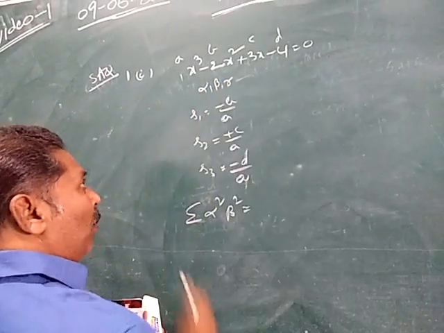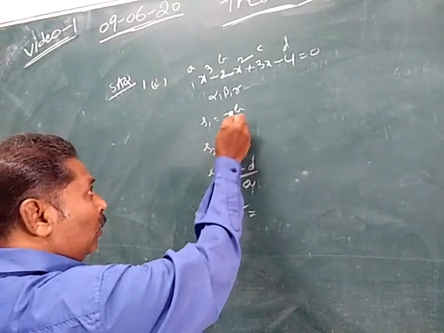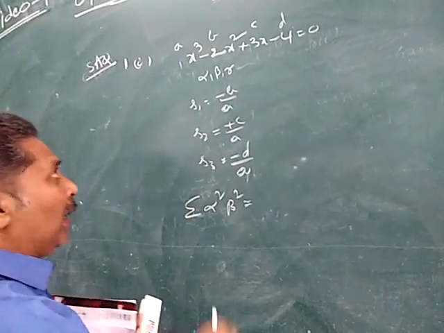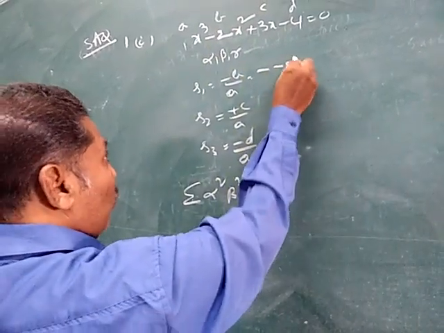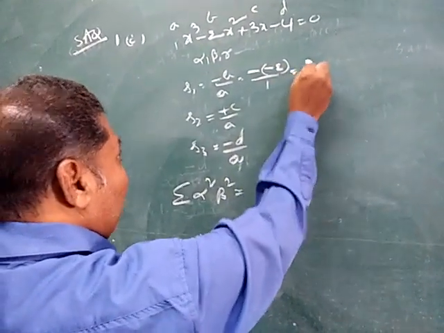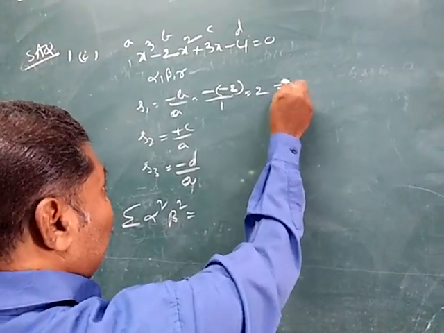Alpha, beta, gamma are the roots. S1 value, we know the formula, minus B by A, minus B value minus 2, by A value 1, so that equal to 2.